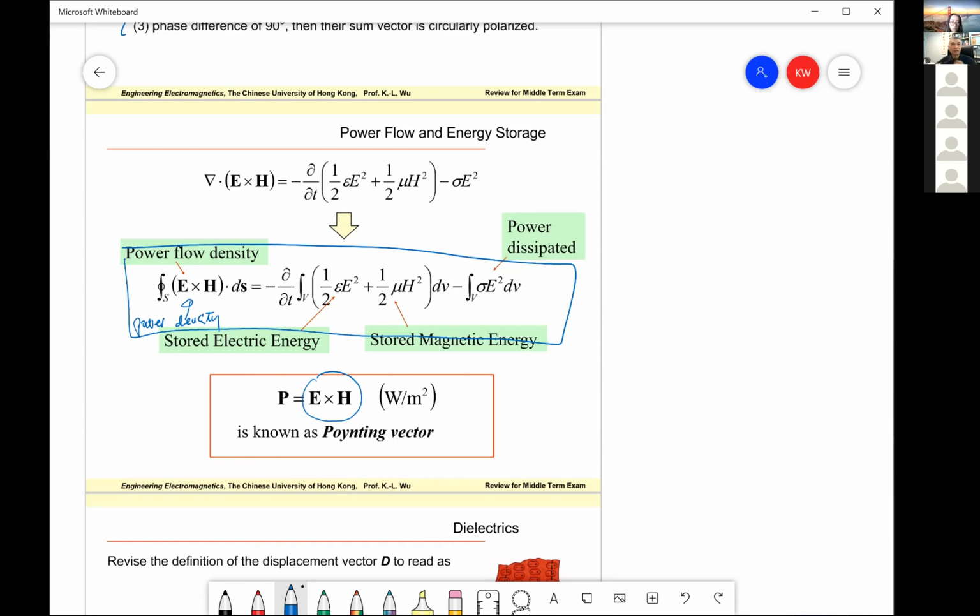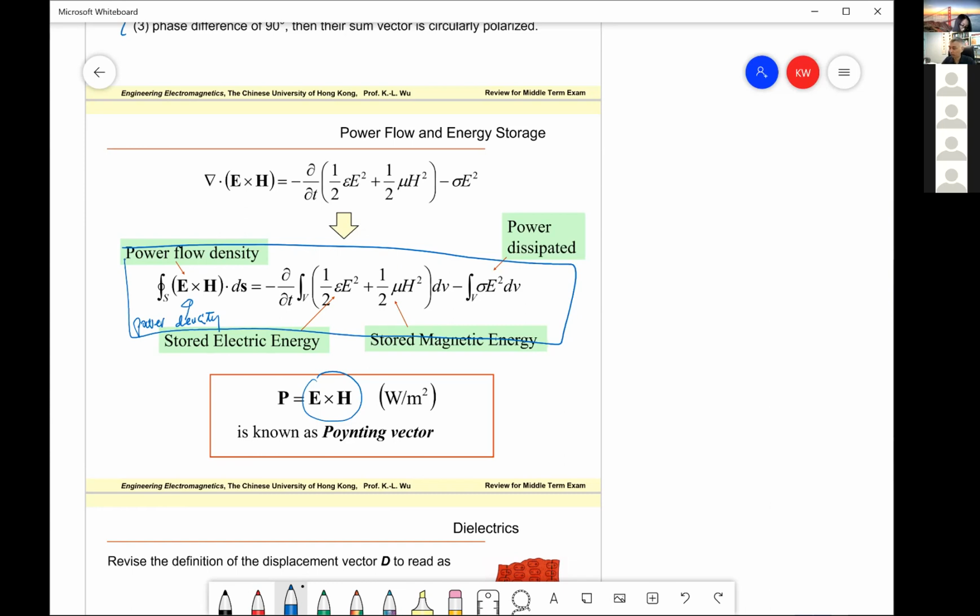Then the power density integrated over a closed surface means the net power going in and going out. It may not exactly equal 0, depending on what you have on the right hand side of this equation. If the right hand side equals 0, then you have no power consumption, and the stored energy is balanced. But in many cases, this is not true.